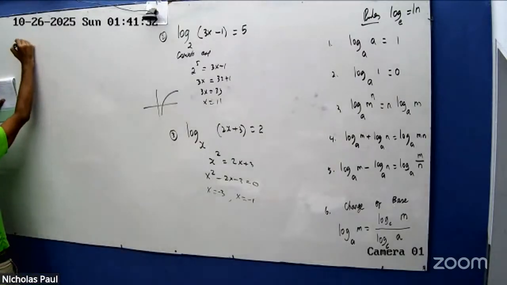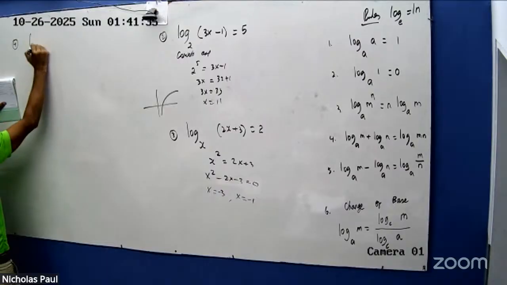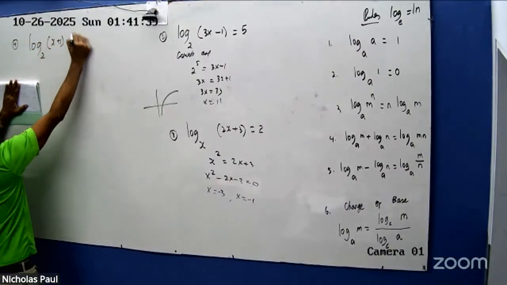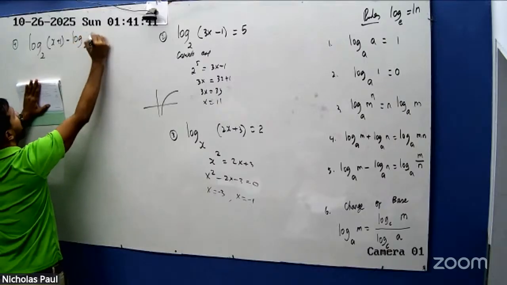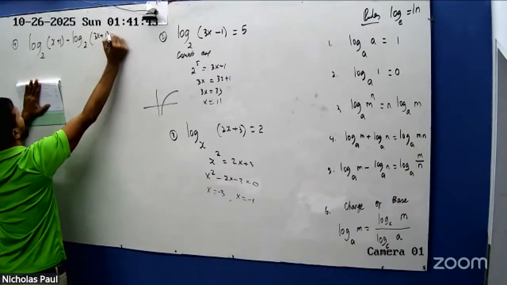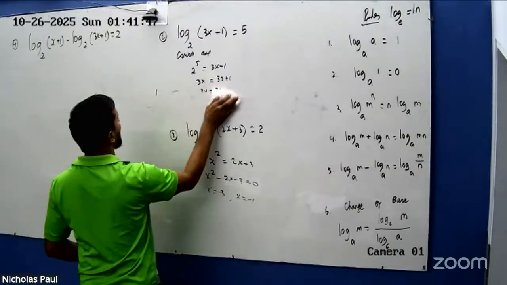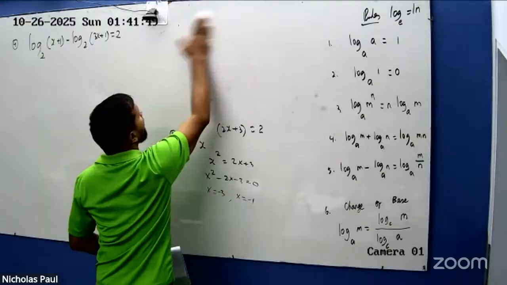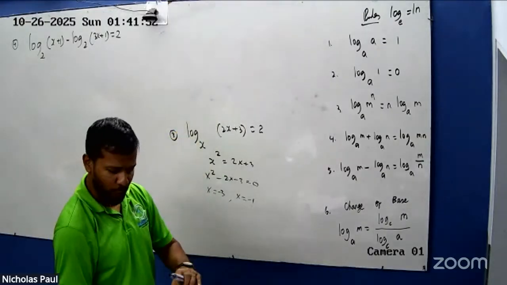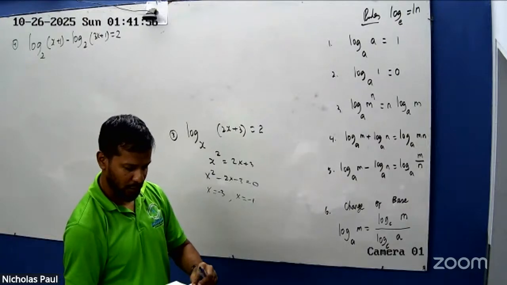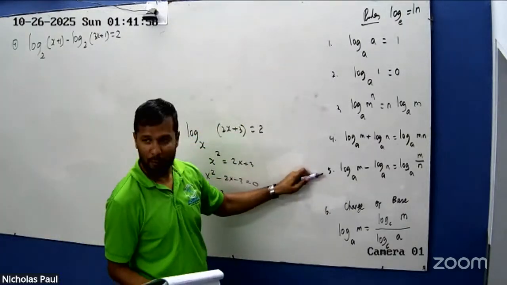Try this here, please. Number 4. Log to the base 2 of x plus 1 minus log to the base 2 of... Try that tomorrow. Change of base, right? So that one is kind of normal. What's the first rule we're going to use? The first one will be rule number 5, right?